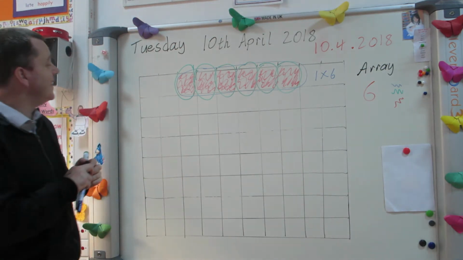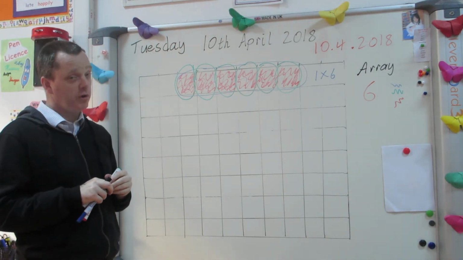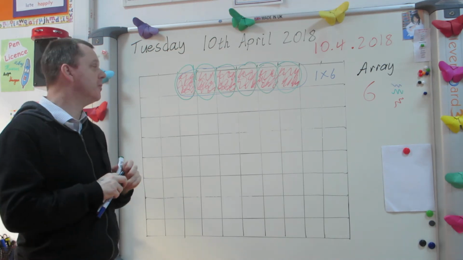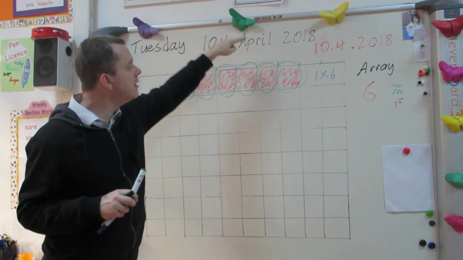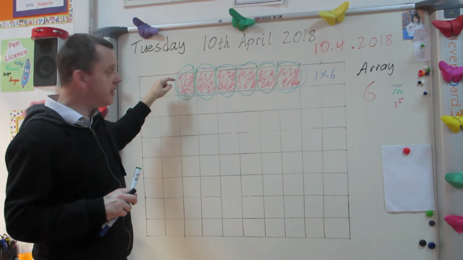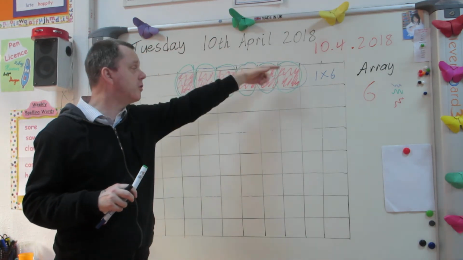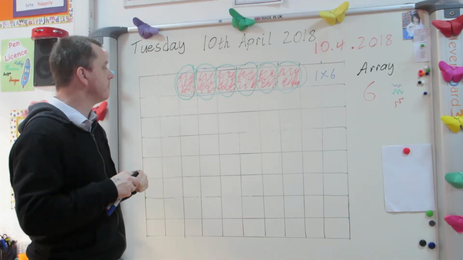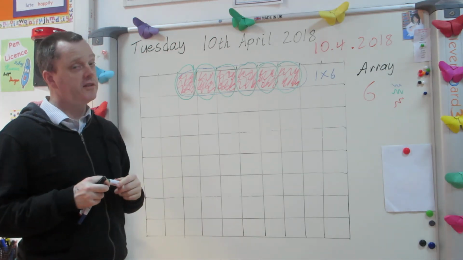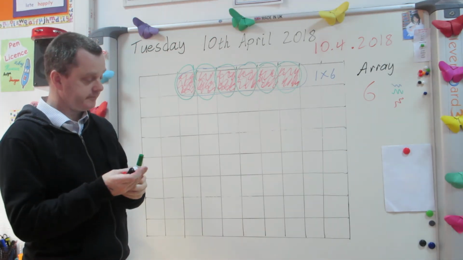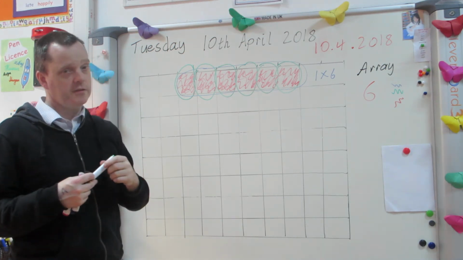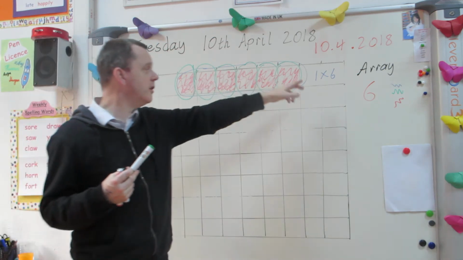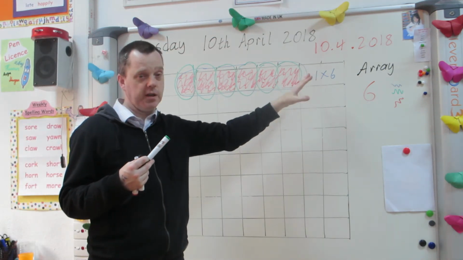And this is now what? What would be the number sentence for this? Before it was 1 times 6, so one group of 6. What is it this time? Well, this time I'm just turning the two numbers the other way.